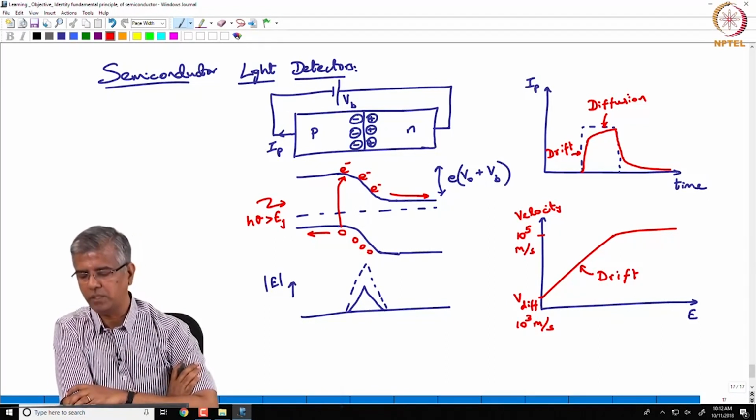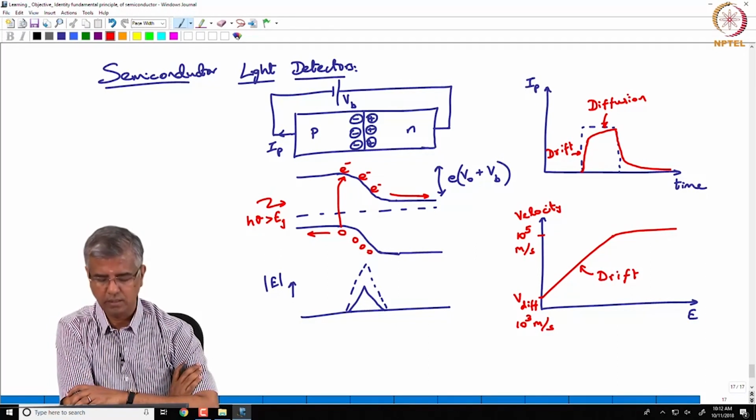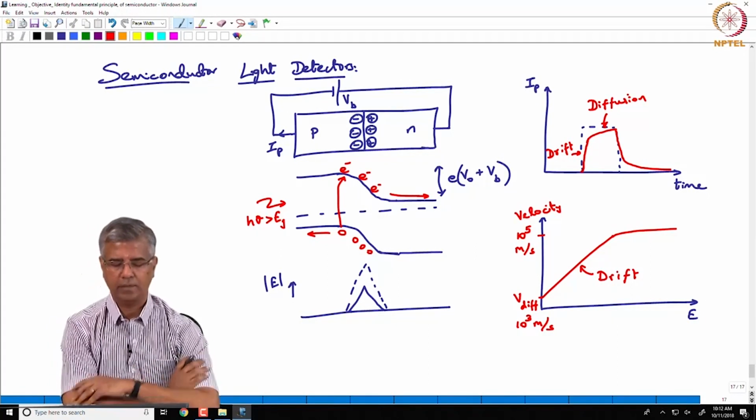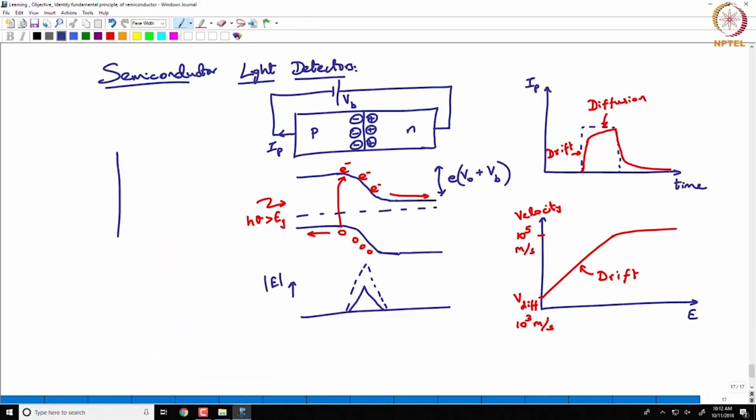So, it is not a question of whether you can get a photocurrent or not, right. That we already know. The other day we were talking about the IV characteristics of your photodiode, right. So, let's say this is I and this is V, and we were talking about how it behaves in the forward bias.